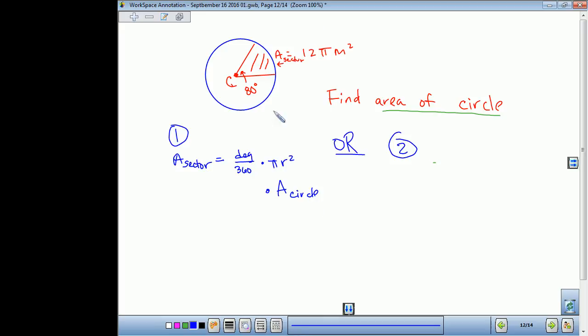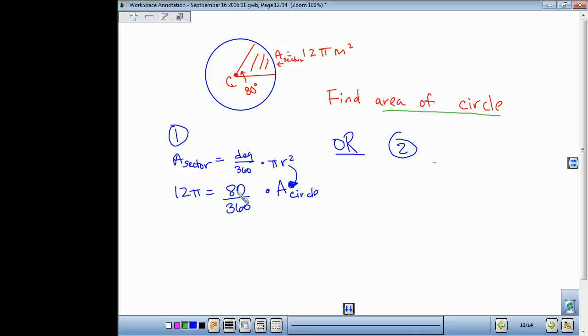So we could do it this way. The area of the sector in this particular problem is 12 pi. The degree measure at that central angle is 80 degrees. Now the pi r squared actually represents the area of the circle. So if we were solving for the area of the circle, all we have to do is get rid of this 80 over 360.